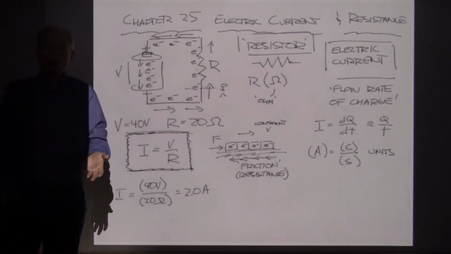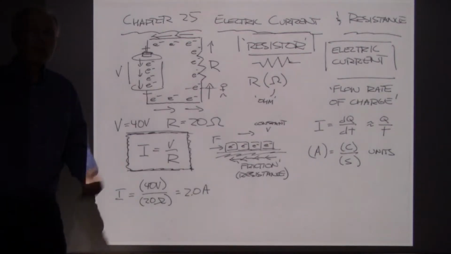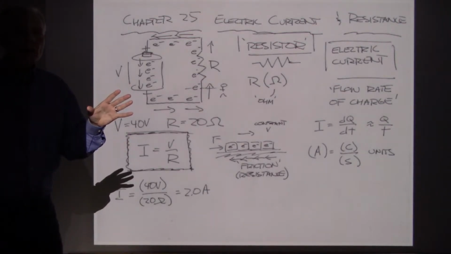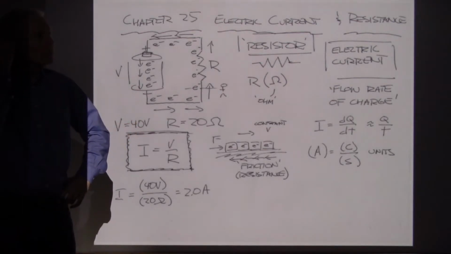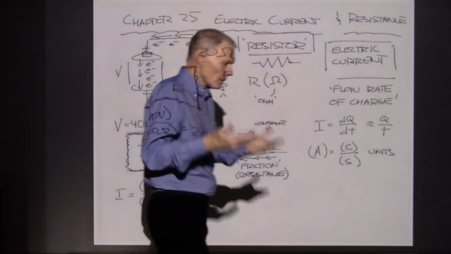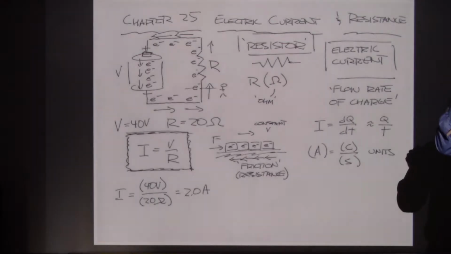Now, as we talked about before, a lot of people have an idea that electricity moves super fast. Electrical effects happen pretty quickly. If I hit a light switch, the light comes on pretty much instantaneously.